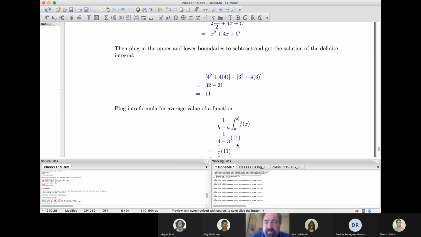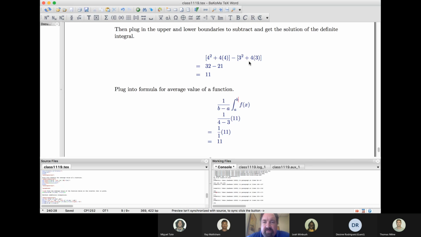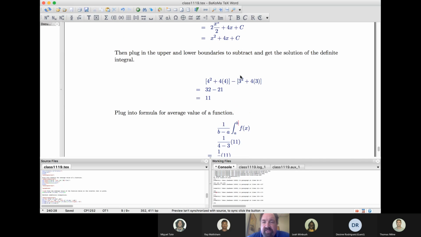The actual math that was carried out is correct, but the way the formula was written was wrong. So upper limit, the greater value, up here, the lesser value down here. But still, this is what you do: upper limit plugged into your antiderivative minus lower limit plugged into the antiderivative.